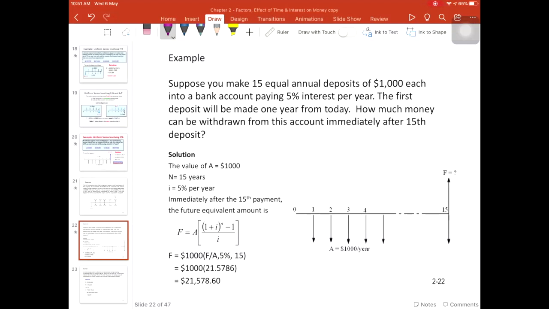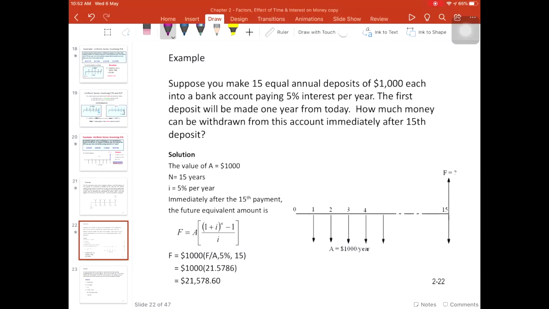Okay, that means the deposit starts after 1 year, that means start from year one, because zero is the present. That means from year one until year 15. So with the interest of 5% per year, how much money will you get after year 15?